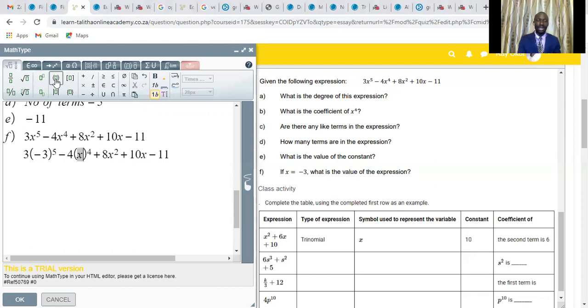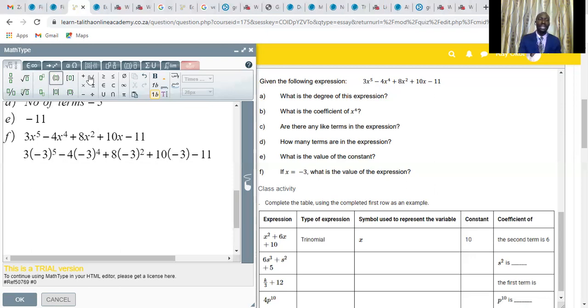So if we have something there, we can now put negative 3, and also here we put it inside the bracket. We also call it negative 3. And lastly, we have it out here, where we can also substitute the value of x. That way, we can go ahead to find the value of the expression.